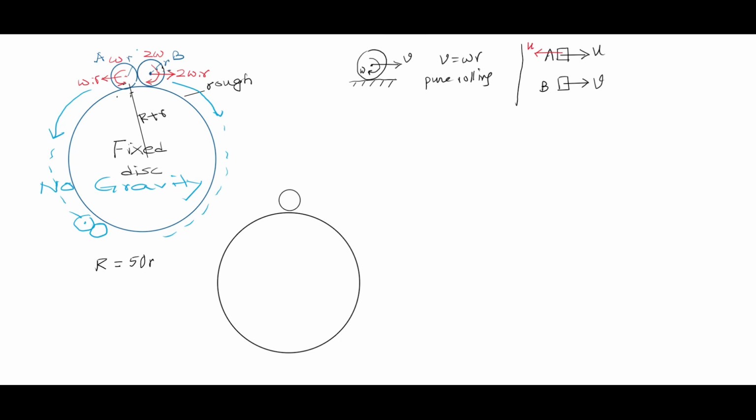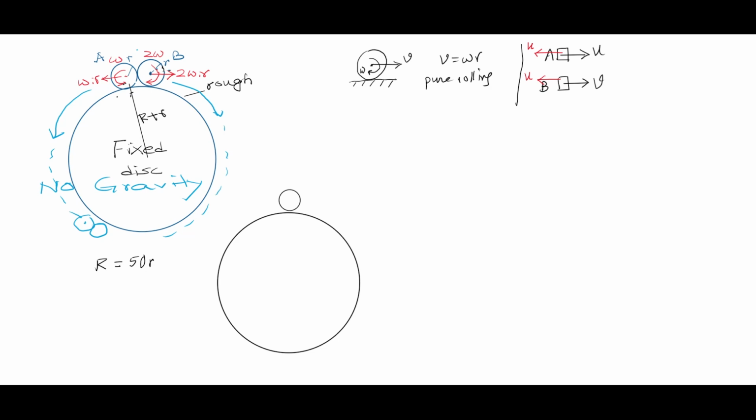To keep the system unchanged, because the system comprises two bodies A and B, you just cannot apply a velocity on one member without making any change to the other member. That will change the system, and to solve your problem you cannot change the system. So we have applied u velocity in the opposite direction on A to make A stationary, and we are required to apply the same velocity in the same direction on the other member B as well.